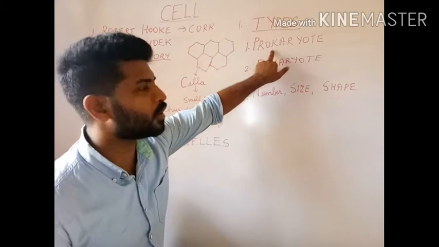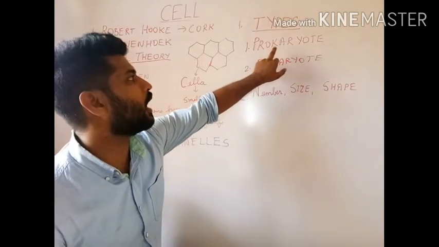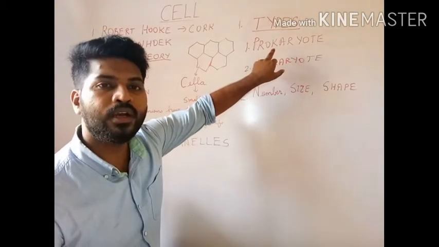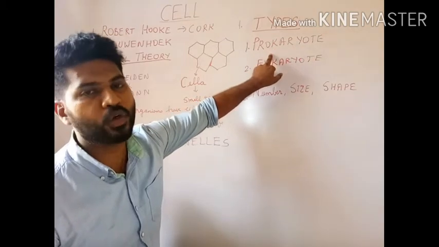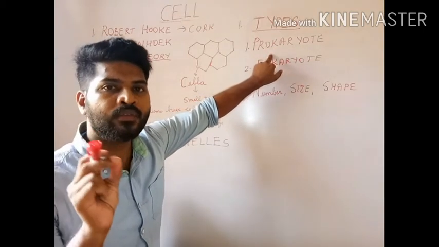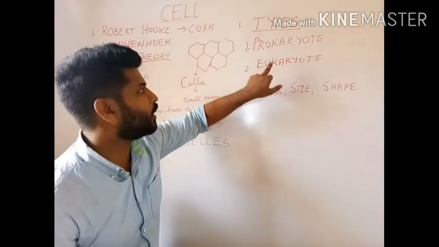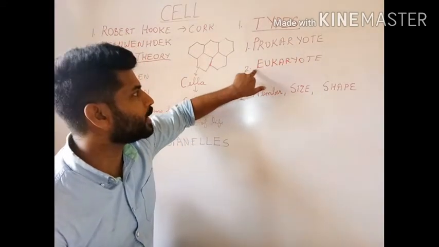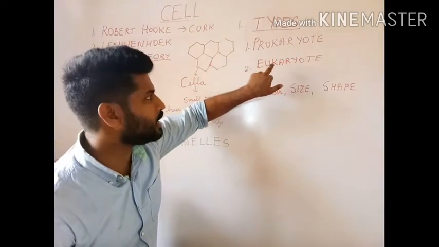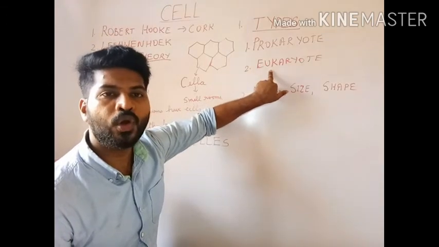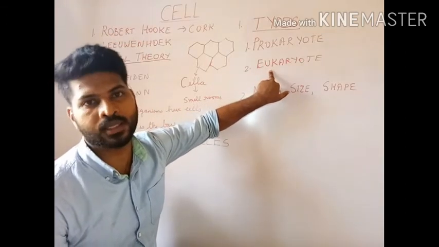Prokaryotes, or prokaryotic cells, lack a nucleus. They do not have a proper well-defined nucleus. Eu means true. These have a true well-defined nucleus.